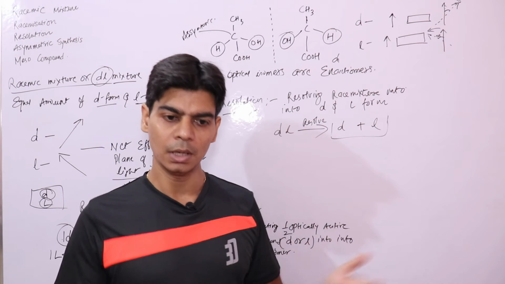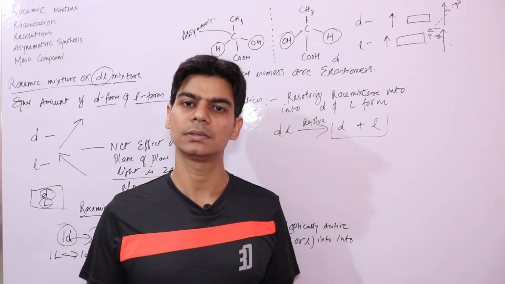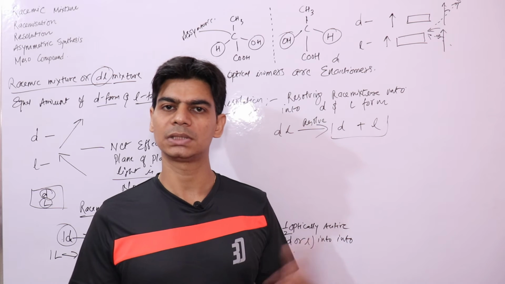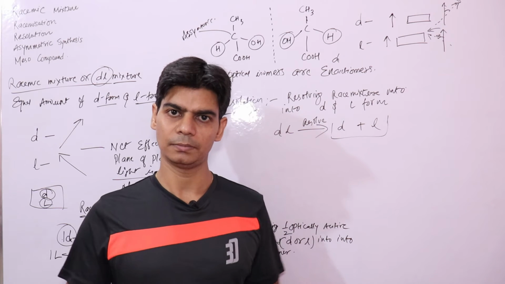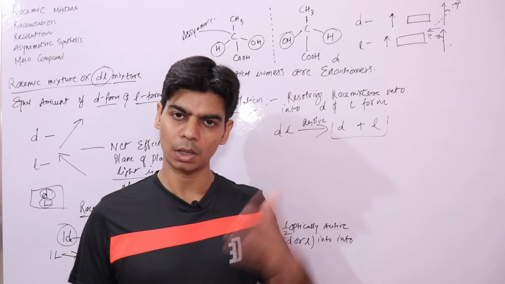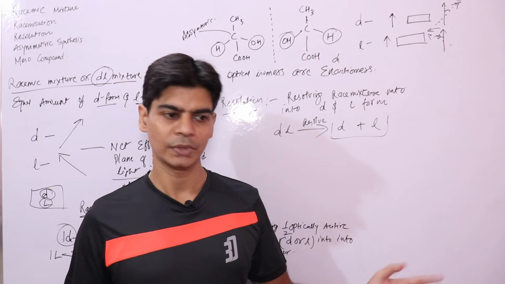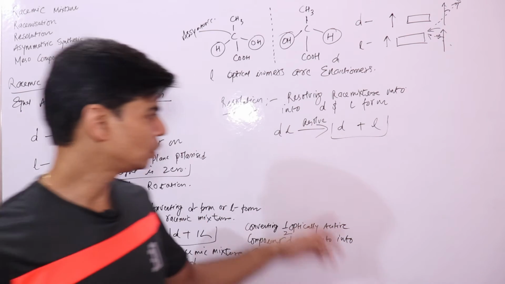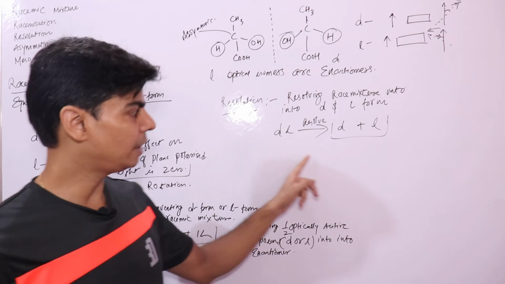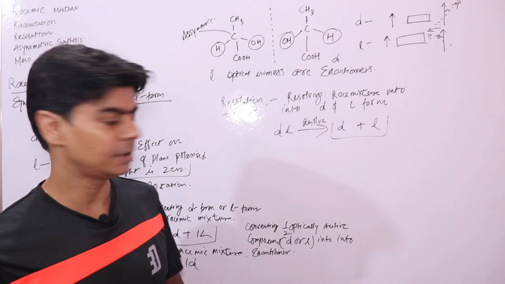D and L form are components of the racemic mixture. This is what resolution is. If you think of other techniques also, like fractional distillation of a mixture of liquids, you are separating different liquids into different fractions. So here also you have a DL mixture, and you are separating its D and L form. This is your resolution.